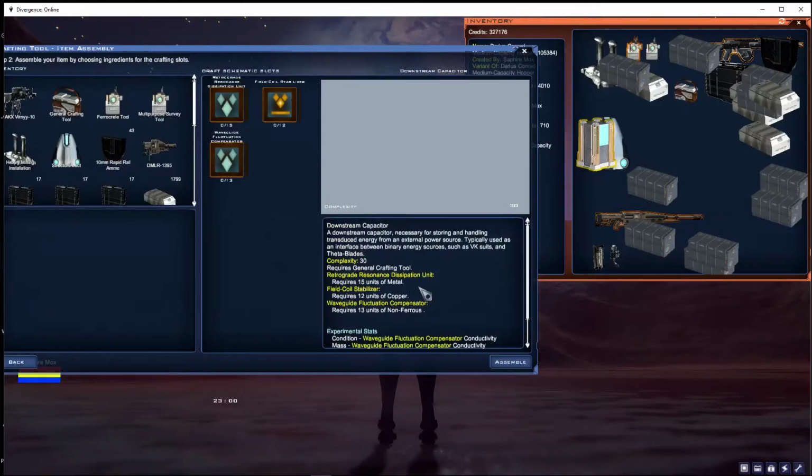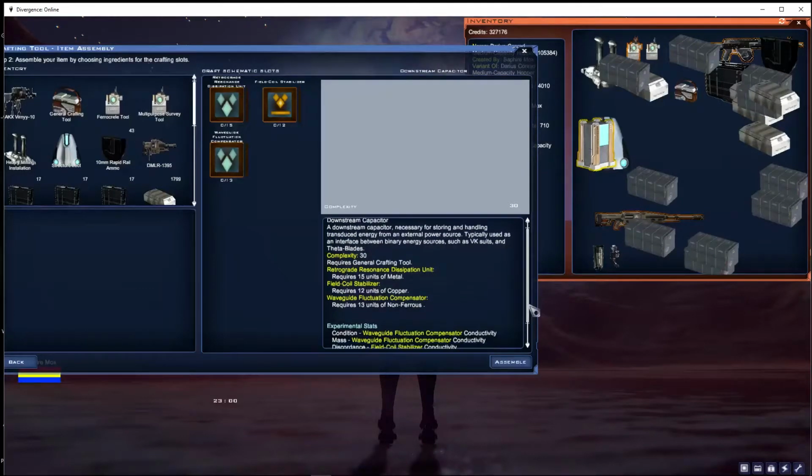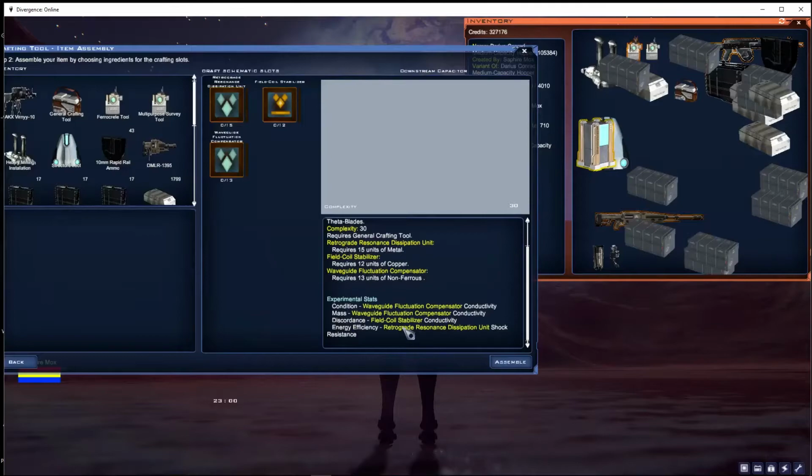We've got 12 copper for the field coil stabilizer, where the major attribute is conductivity. And then we've got 13 units of non-ferrous as part of the waveguide fluctuation compensator, and that is also conductivity.